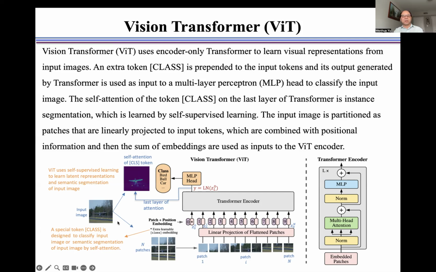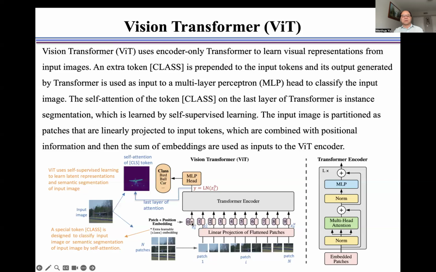This is the input image, and these are the patches. We first use a linear projection to embed the input patches, and then we sum the positional information to get the final embeddings to input to the transformer encoder.